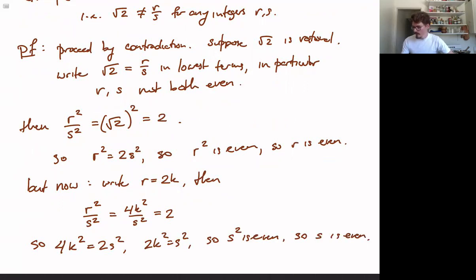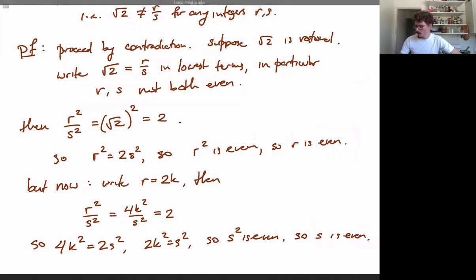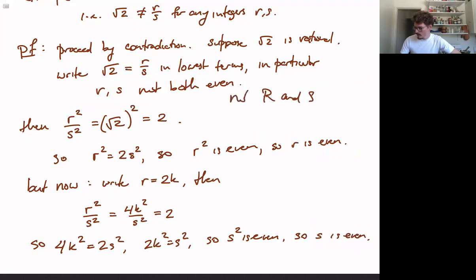And now you will see that we assumed that r and s are not both even, and we concluded that r is even and s is even. So this is a contradiction. We have proven not (r and s both even), and also r and also s, right?